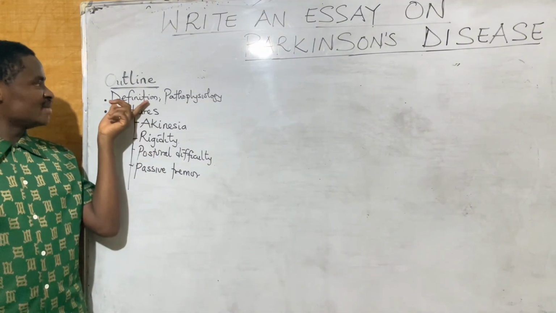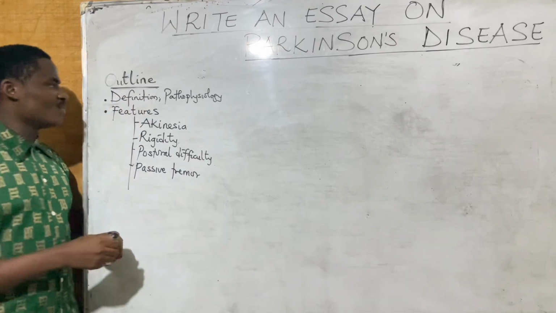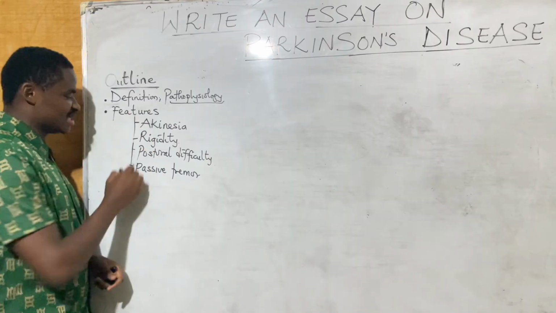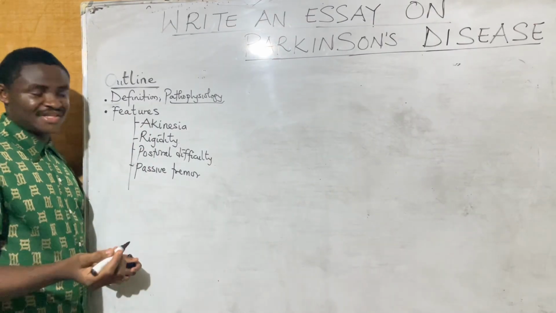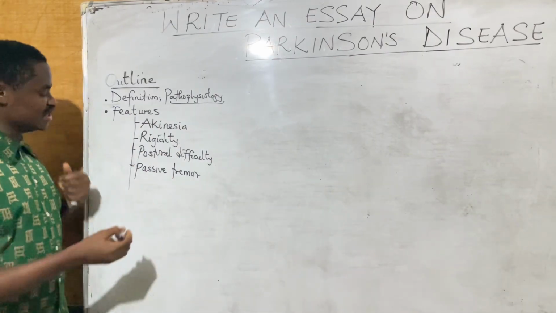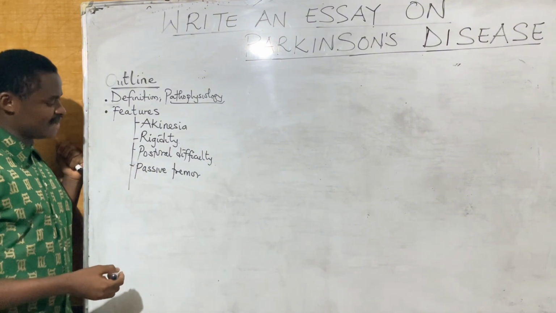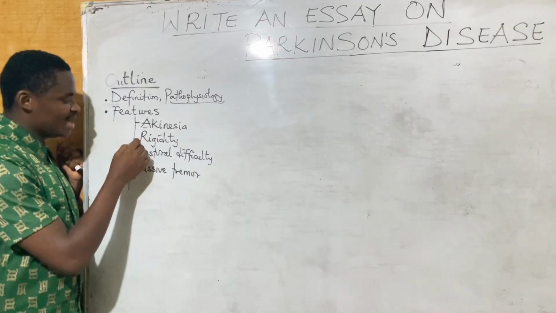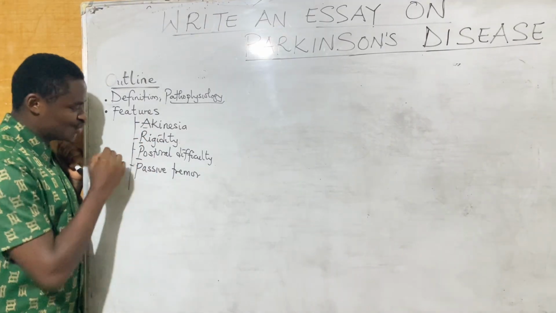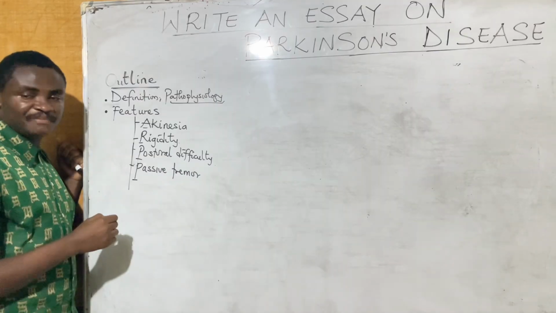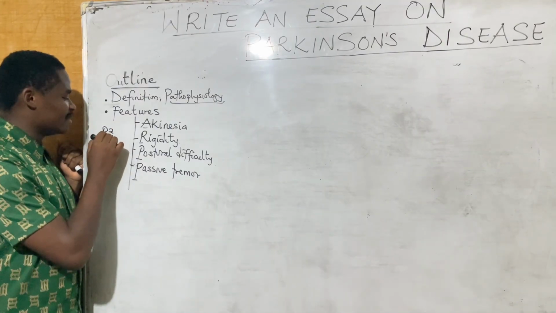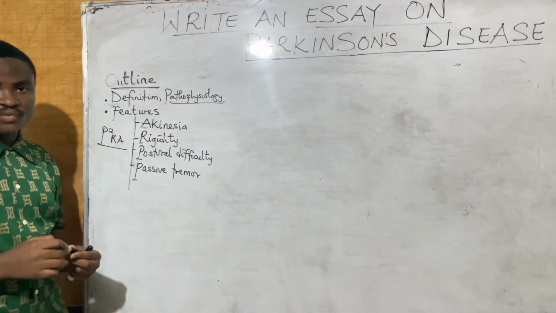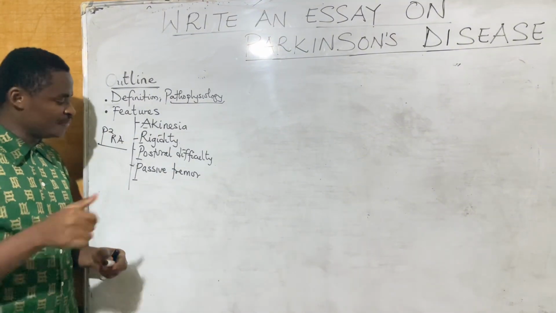I want you to define what Parkinson's is, and then talk about the pathophysiology. Then you discuss the clinical features, or clinical manifestations. There are four of them: akinesia, rigidity, postural difficulty, and passive tremor, something like PRAD, with the first P standing for postural difficulty.